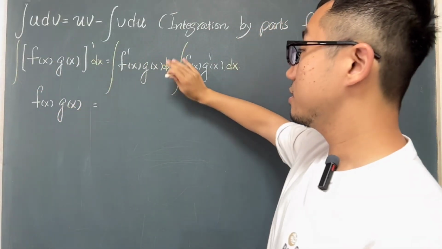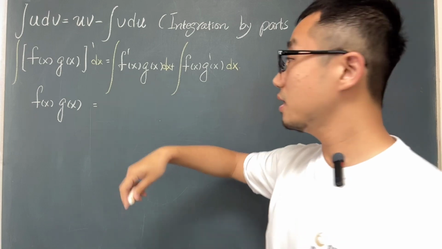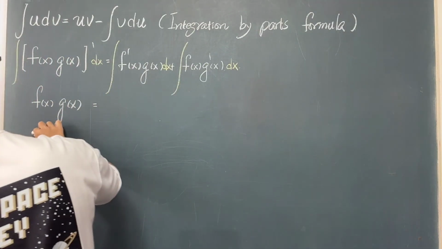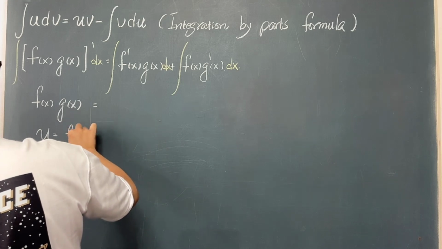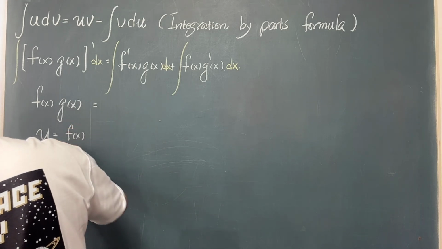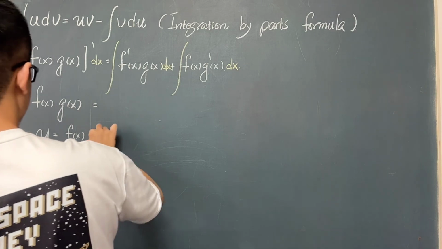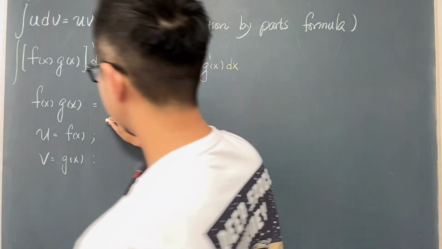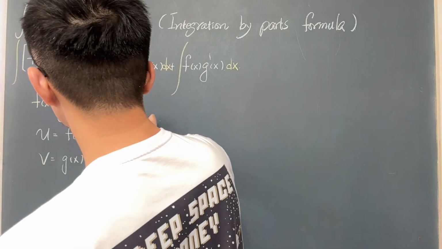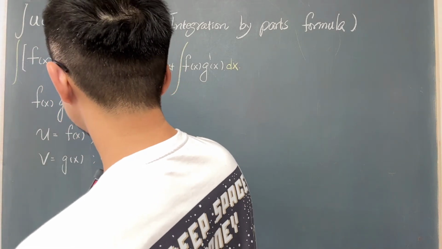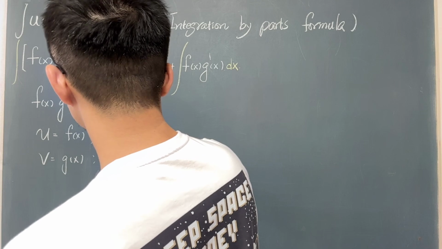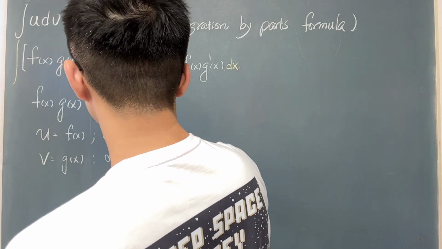And on the right side, here's the interesting part. Just like I said before, I could simply set u equals f and v equals g. In this way, du becomes f prime of x times dx, and dv becomes g prime of x times dx.